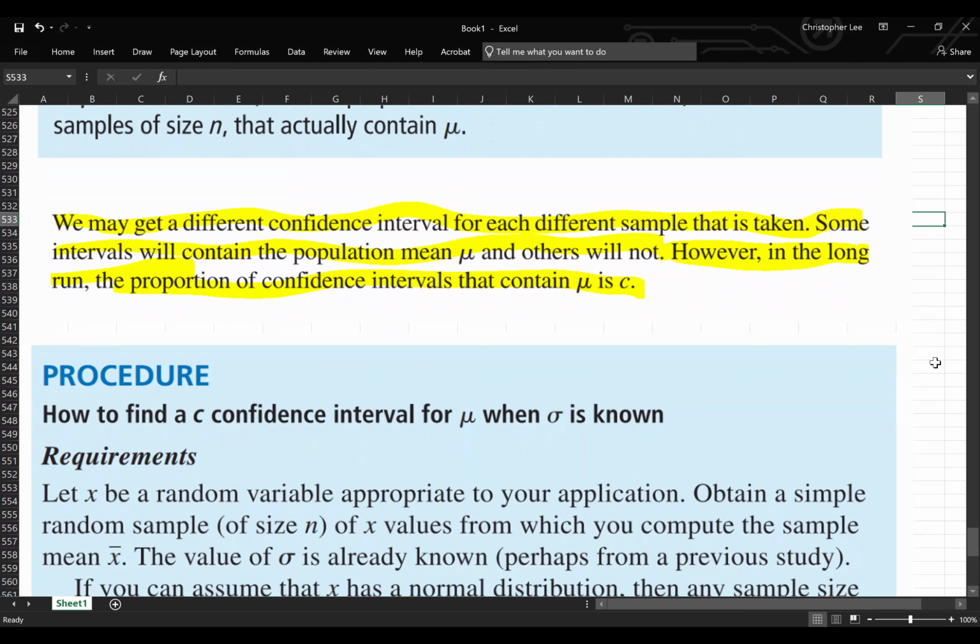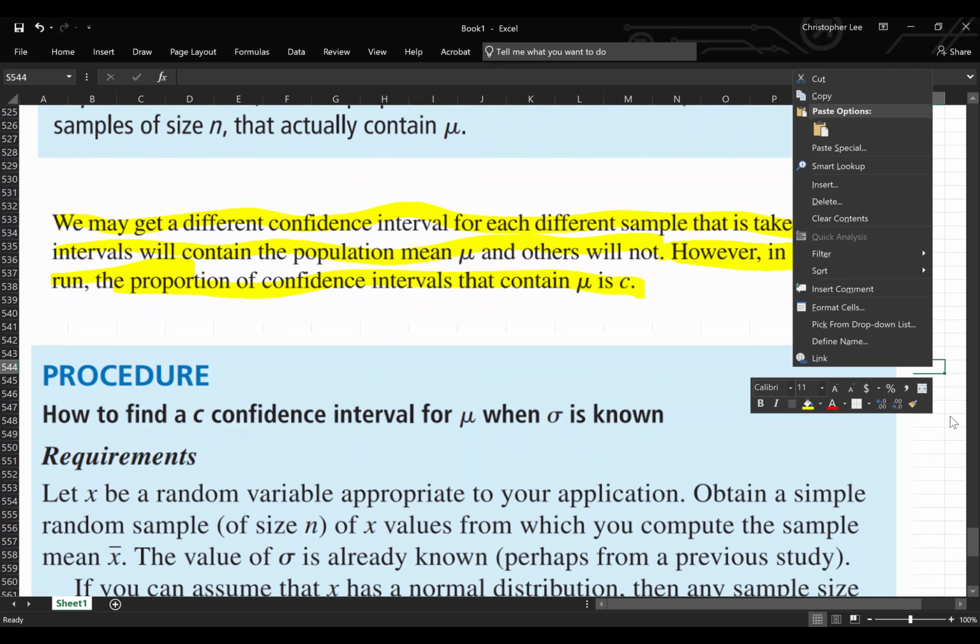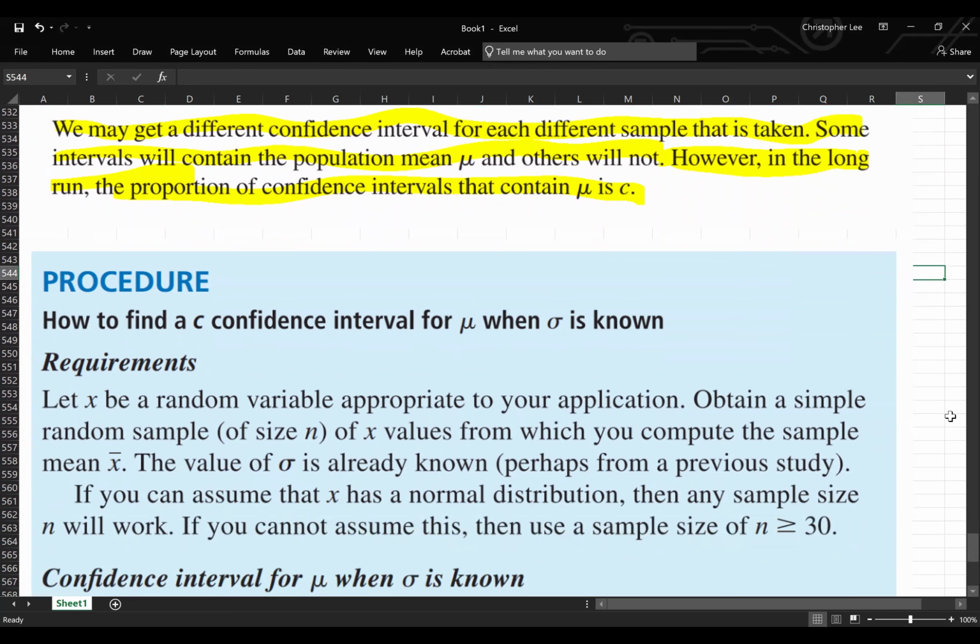The value of sigma is already known, perhaps from a previous study. If you can assume that X has a normal distribution, then any sample size n will work. If you cannot assume this, then use a sample size n greater than or equal to 30.